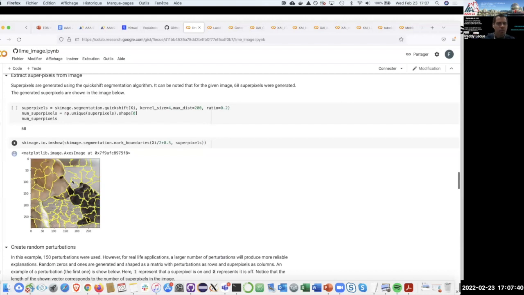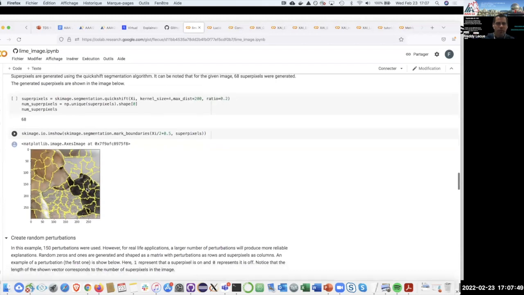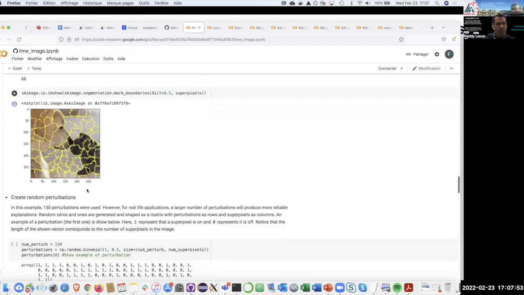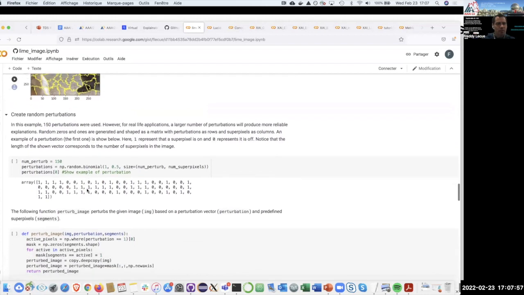It's a segmentation task, but it's done in a random-based way. So if you run it differently, you get different segments, so you get different explanations. That's a hyperparameter that needs to be changed.